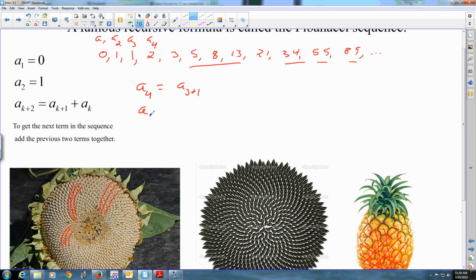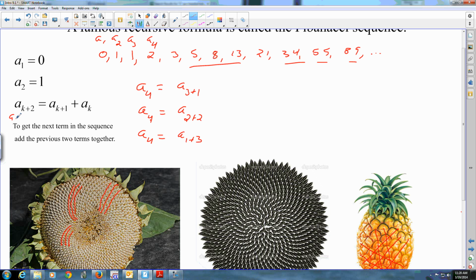You could also call a sub 4 a sub 2 plus 2. You could also call a sub 4 a sub 1 plus 3. All I'm saying is, when you look at this, a sub 4 is a sub 2 plus 2. That's right here.